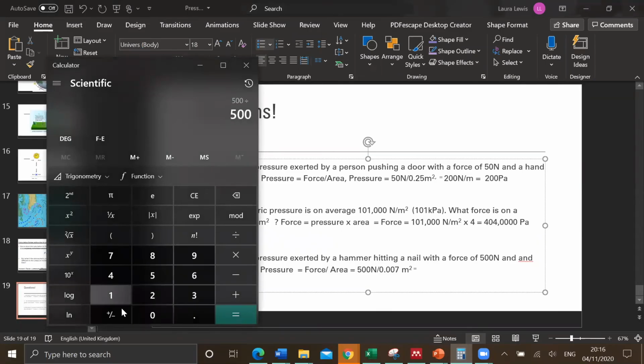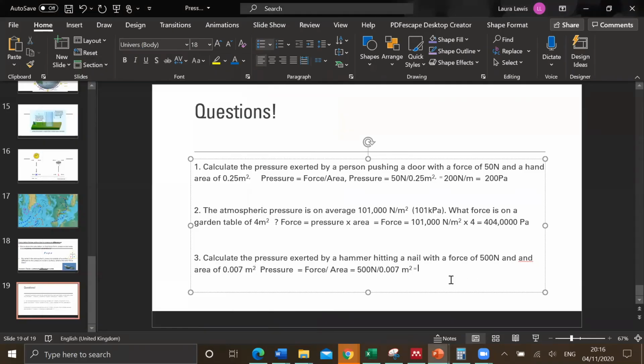500 divided by 0.007. It's quite a large number, so let's round it.